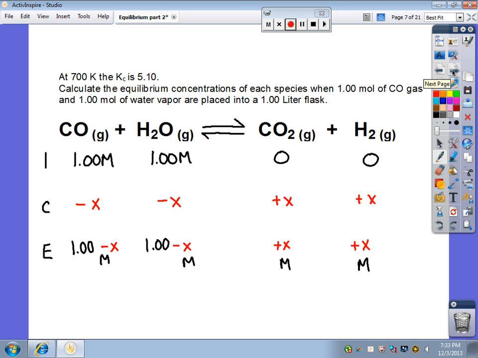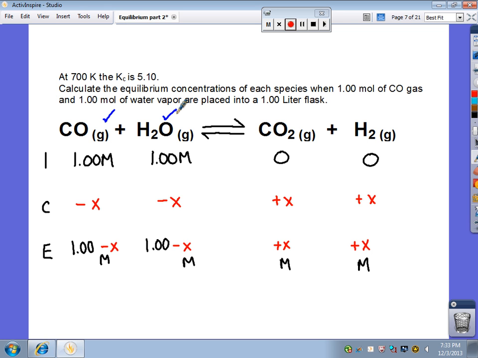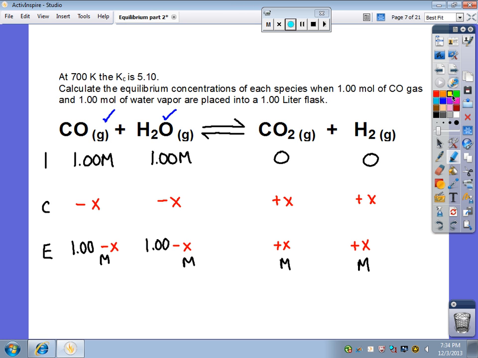So if you see here, this is exactly what we did on the other page. I have 1.00 molar starting for both carbon monoxide and water, both of my reactants. They went down by x. Carbon dioxide and hydrogen gas went up by x. And our job in this is to find the equilibrium concentrations for all the species.